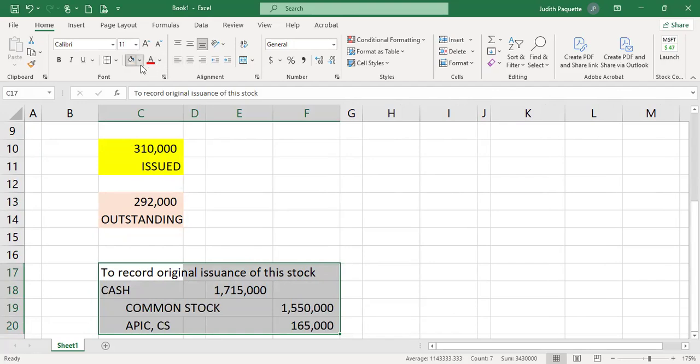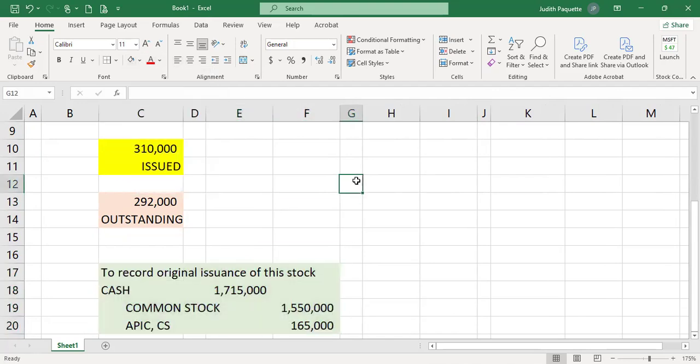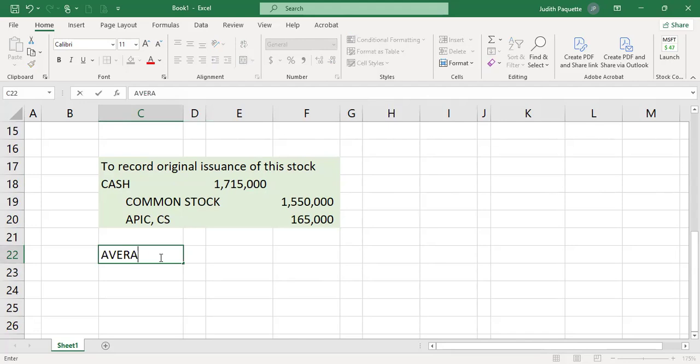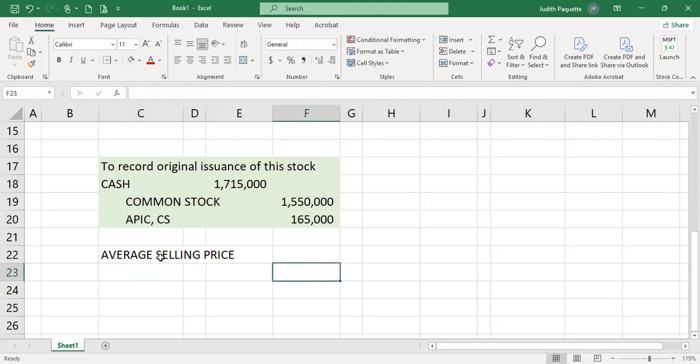So now they're asking, what was the average selling price of this stock? Well, we got 1715. So what's the average selling price of that stock issuance? 1,715,000 divided by the 310,000. Very good.